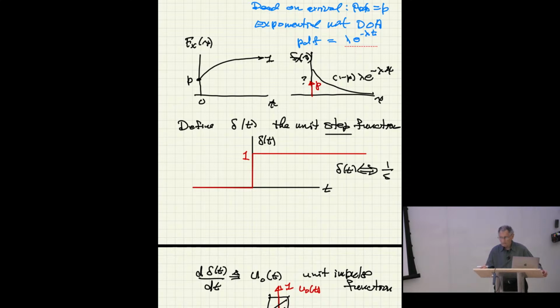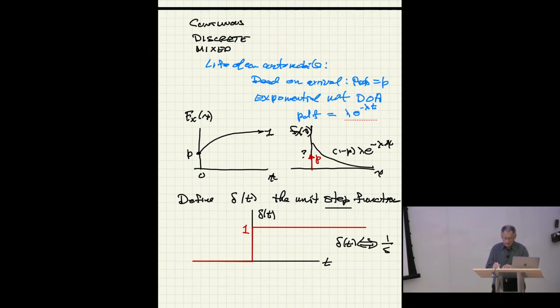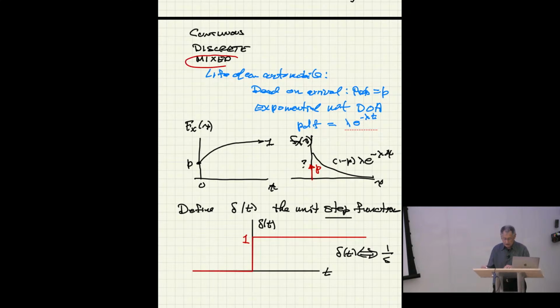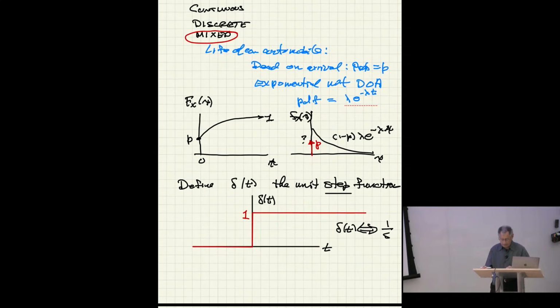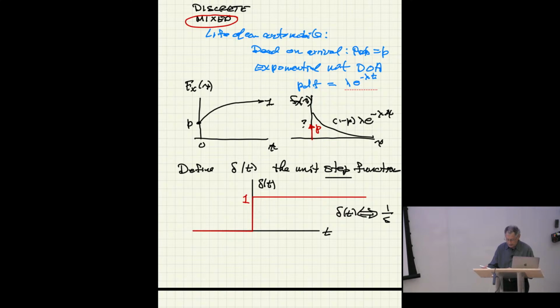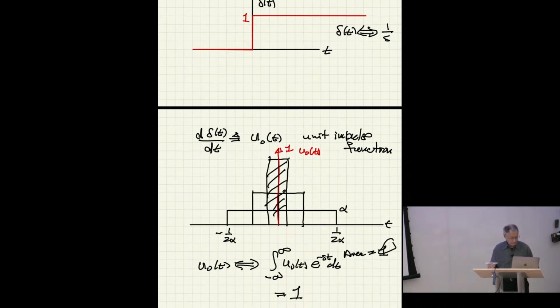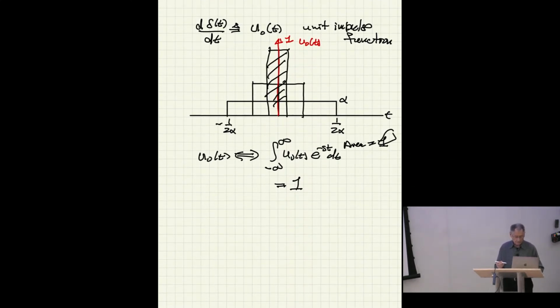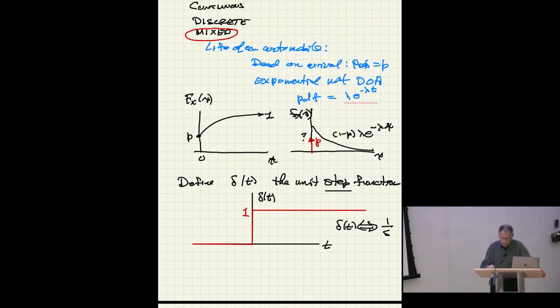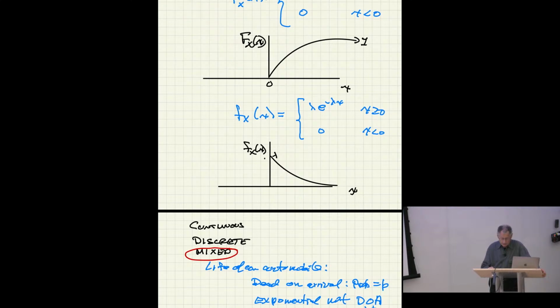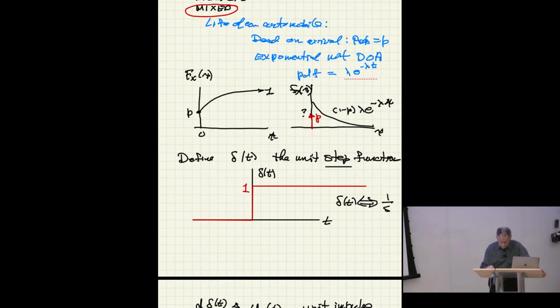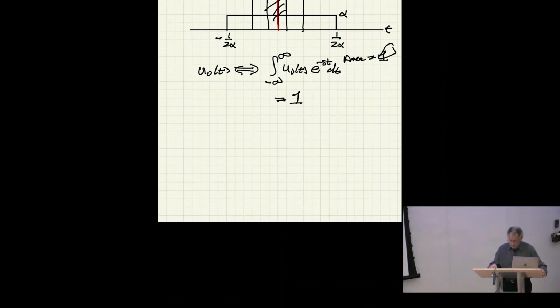P. So what I'm trying to do is introduce you to something we're going to see later, the case of mixed, discrete, and continuous. There's the discrete component, the jump at the origin, and the continuous portion over the rest of it. Okay. So much so for introducing the distribution function and the density function for random variables.